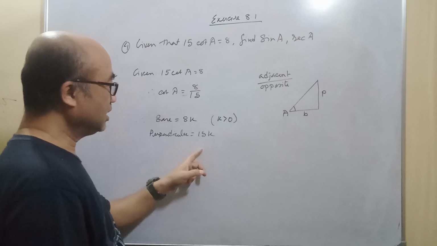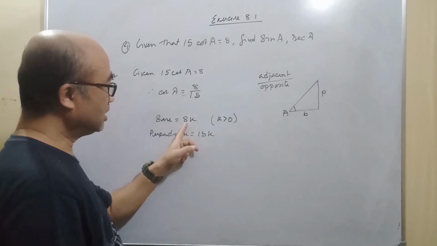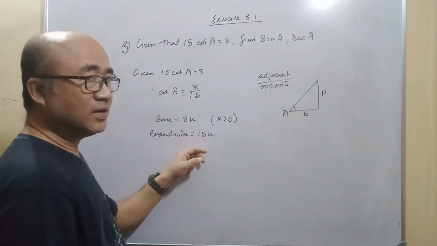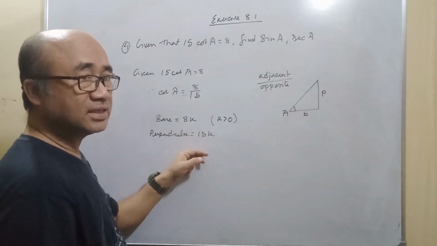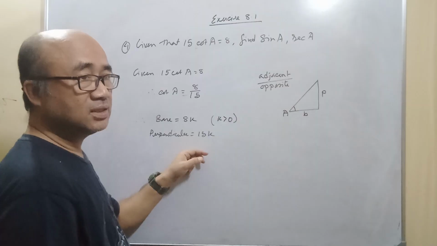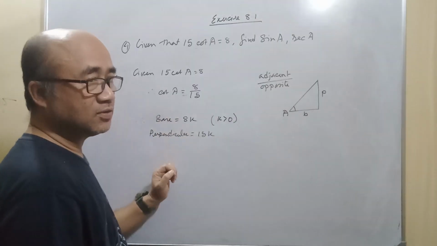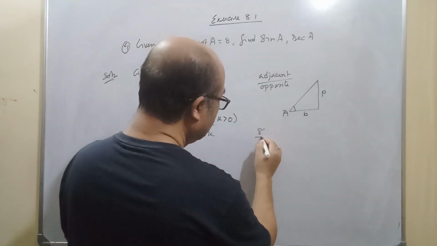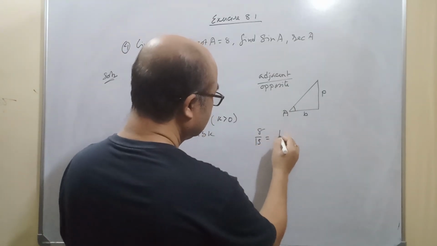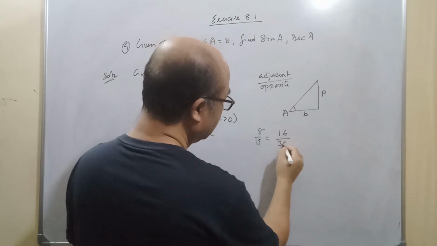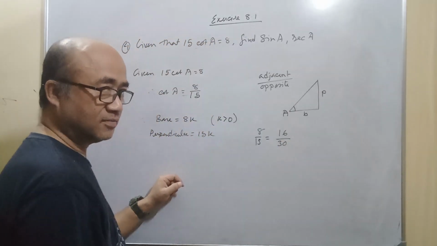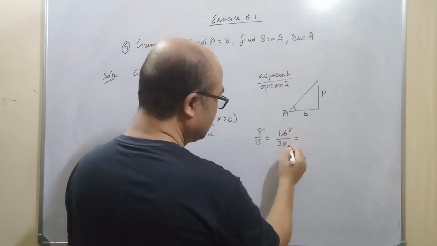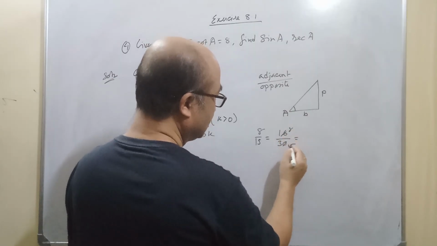So we assume that multiplying 8 and 15 by the same number will give us the actual sizes of the base and perpendicular. Because you see, 8 by 15 is equal to 16 by 30, right?